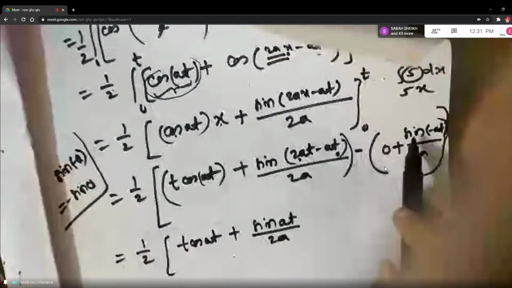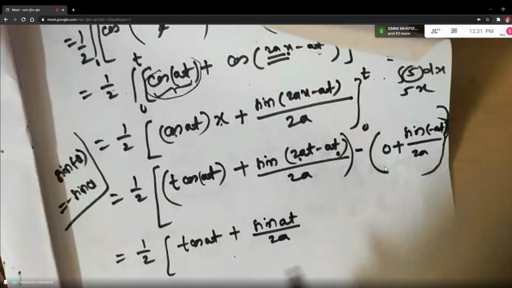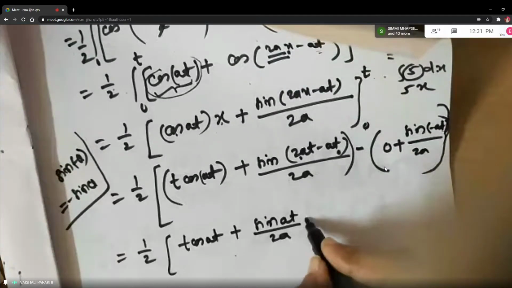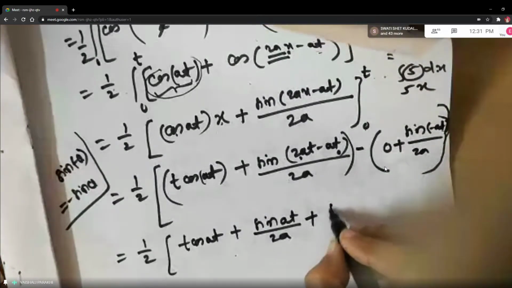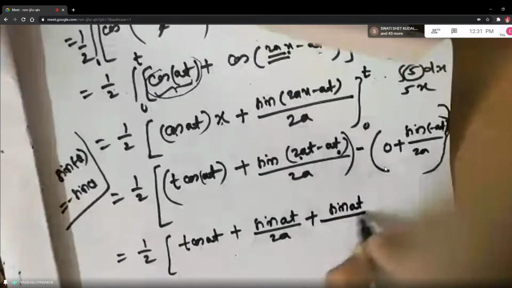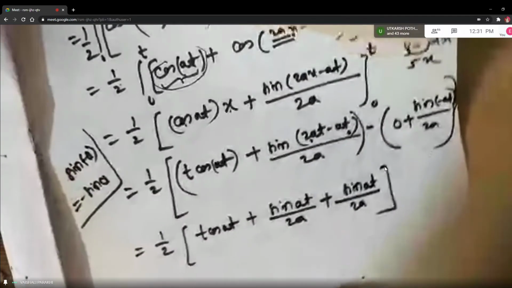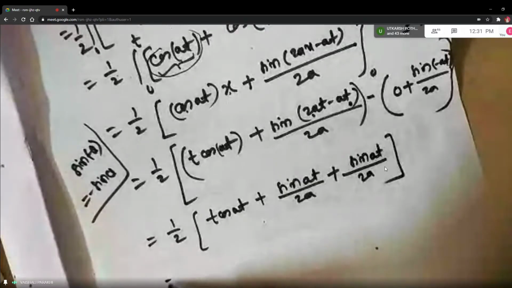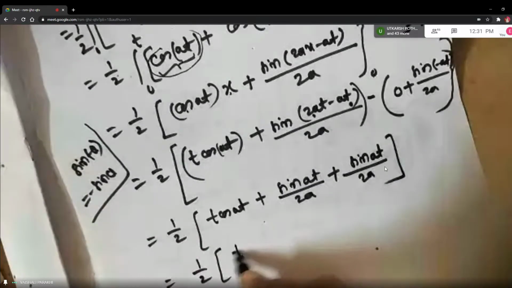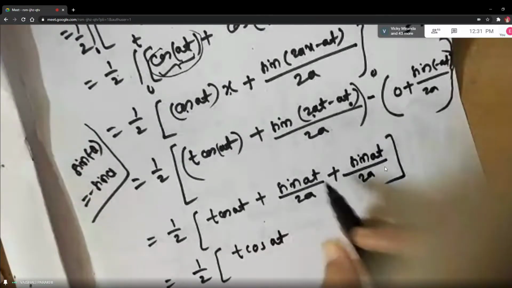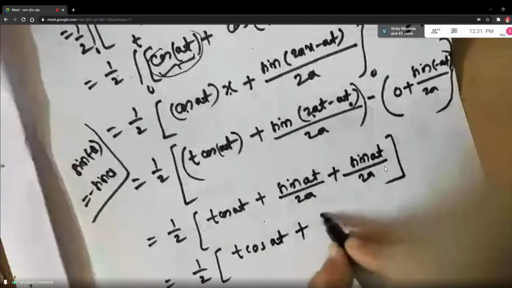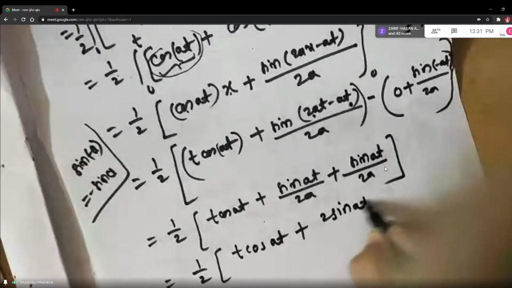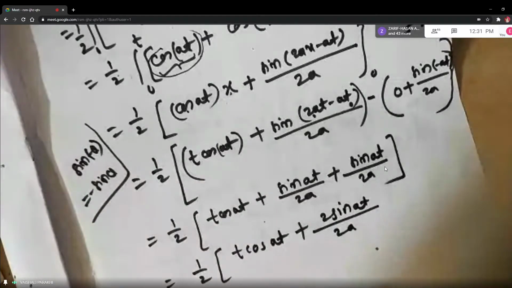So here sine of minus 80 will be minus sine 80. But this minus sign is also there. So it will be minus minus into plus sine of 80 divided by 2a. And this is 1 by 2 t cos 80. Sine 80 plus sine 80 is 2 sine 80, because when the denominator is the same, you can add the numerators.